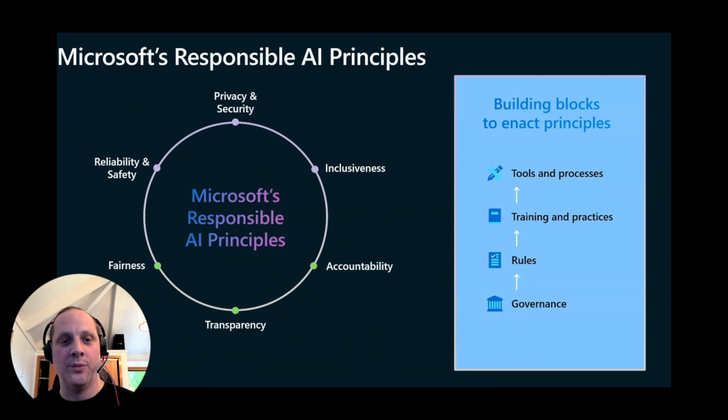Inclusiveness: how do we ensure that we're managing bias and every perspective is taken and treated equally. Accountability: that we know how they're trained, and we are responsible for the output of these models and solutions. Transparency: we're transparent about when an AI is being used, how it's being used, what it does, what it doesn't do. Fairness: how are we making sure that this is fairly available to everyone?